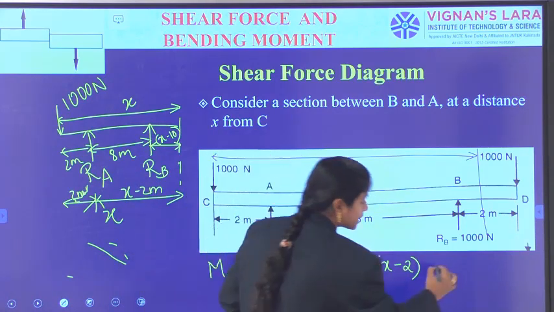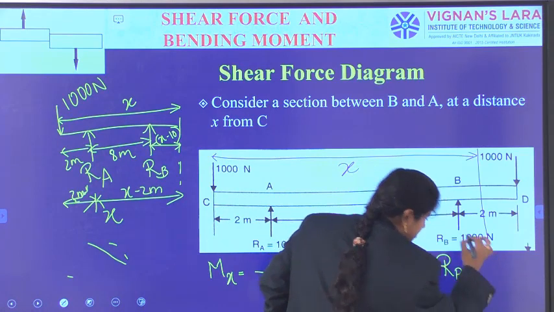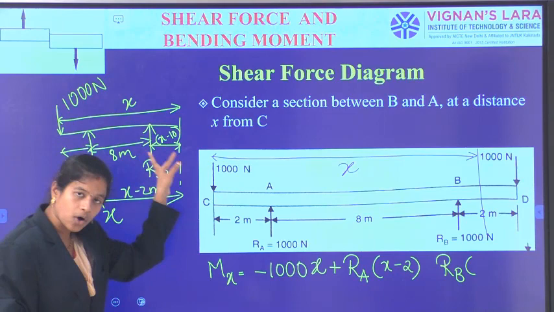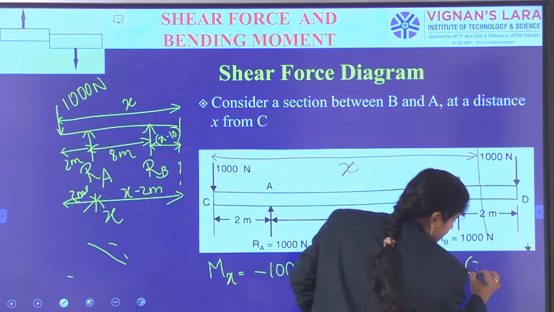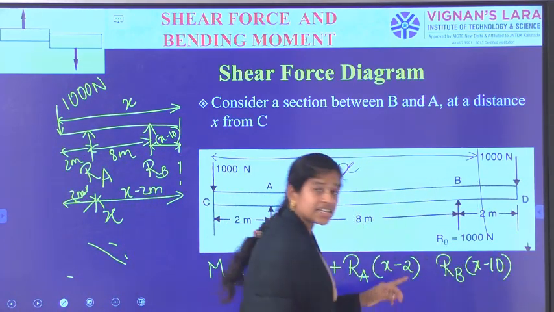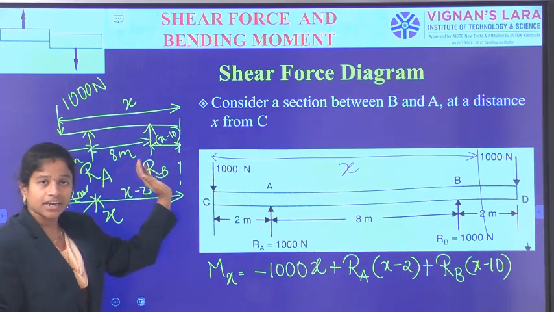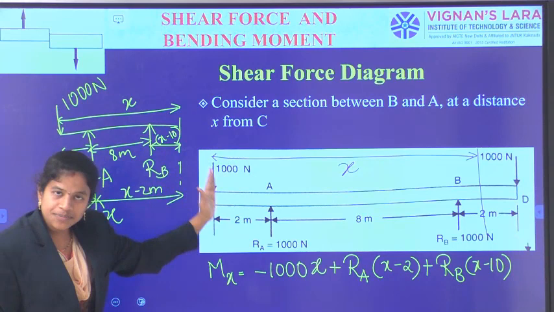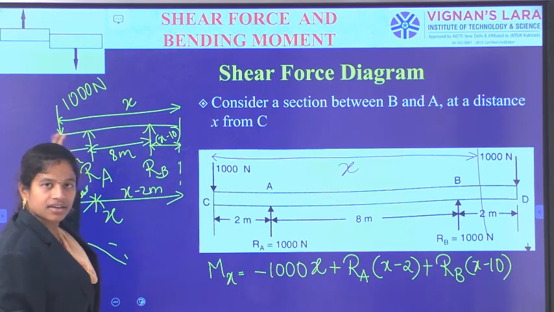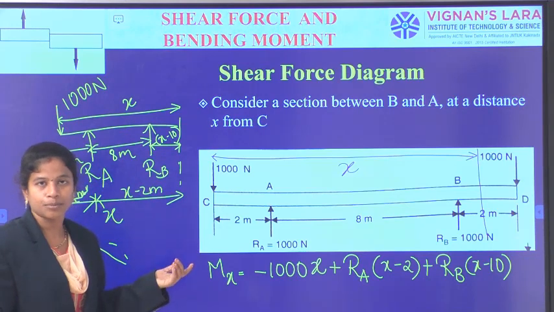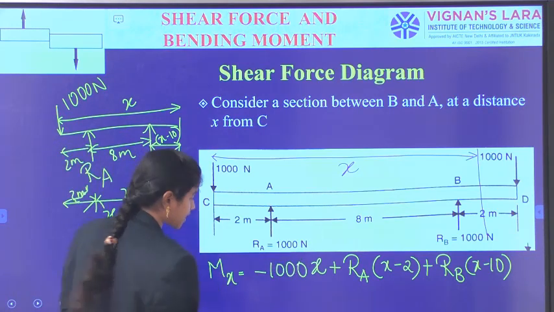And then we are having the next force, that is RB, and RB is at a distance of x minus 10, we have already calculated. So that is x minus 10, and it is causing positive type moment. See here, with respect to the section line, how it is rotating, whether clockwise or anti-clockwise, sagging type or hogging type moment. Okay, in this way I have generated the condition.